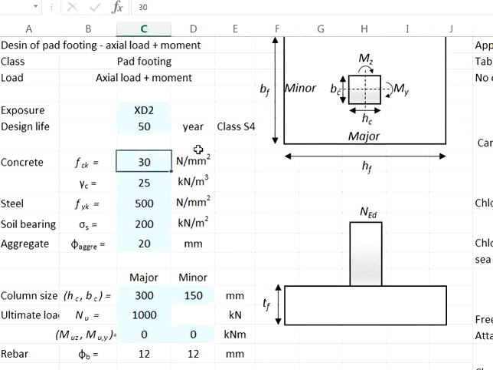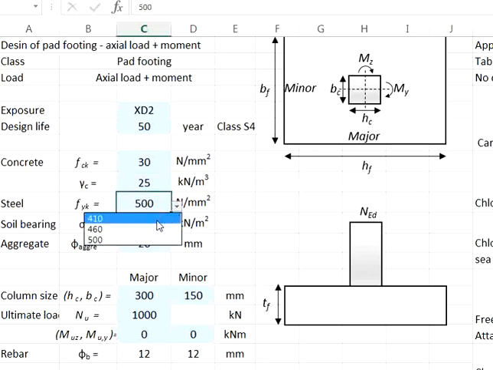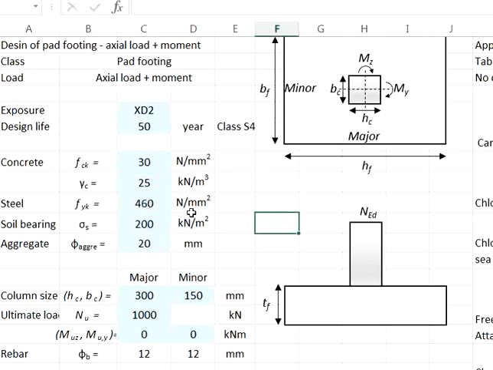For typical foundations, the fck shall be minimum 30. Lower grade concrete is not recommended. Therefore, we will try using the foundations with 30. Unit weight 25. Steel grade, we have 3 grades: 410, 460 or 500. In this case, we use steel grade 500.